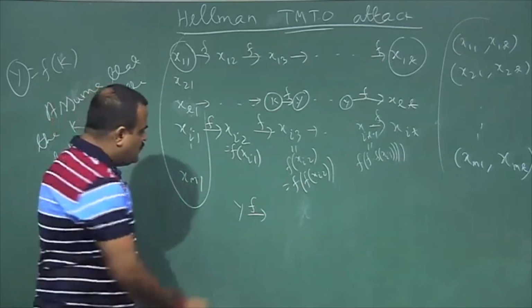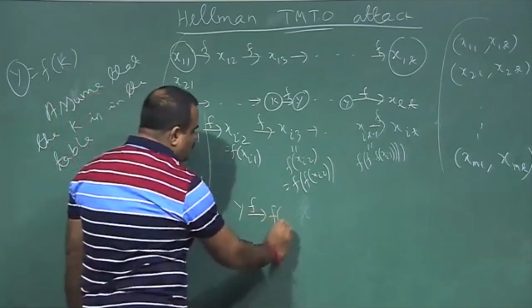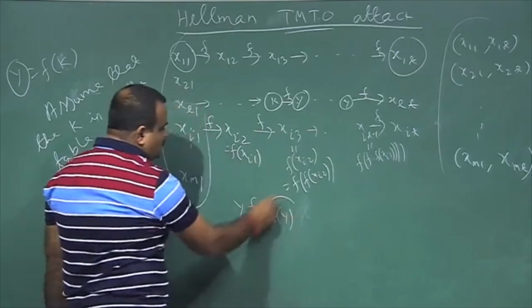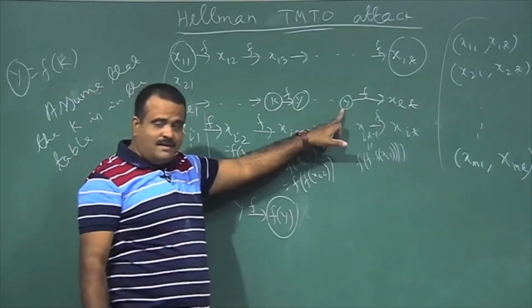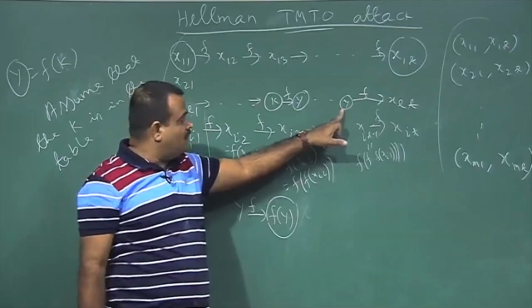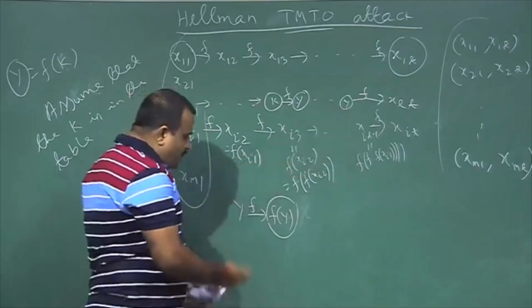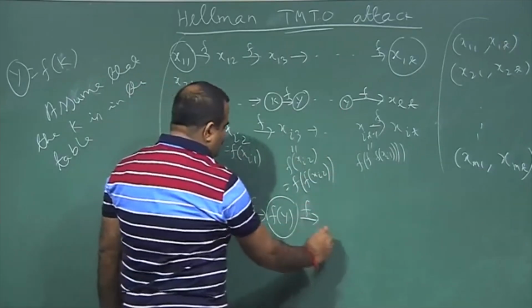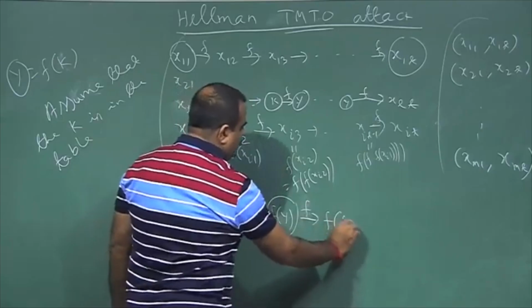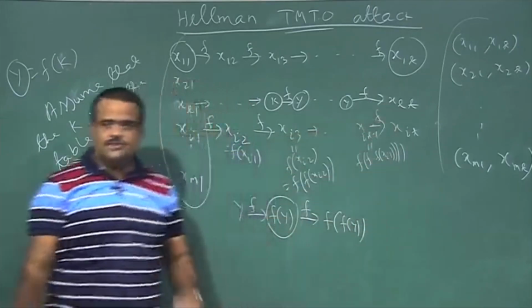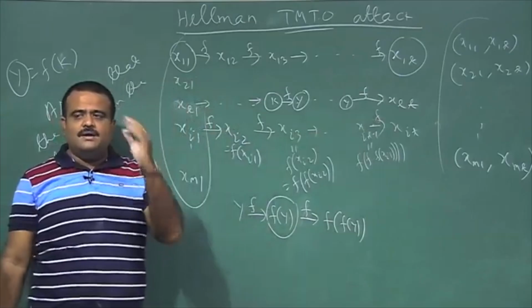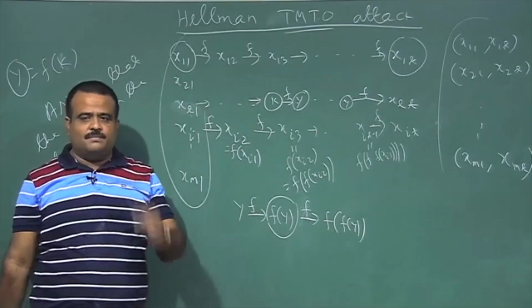If it is matching, then y must be here, because we do not know the position of y. If it is not, again we apply f on this and we try to match. So, every time we are doing a table lookup, matching with the endpoints.